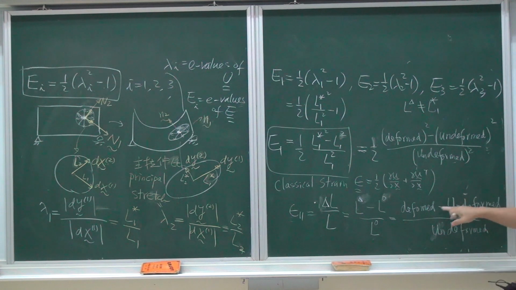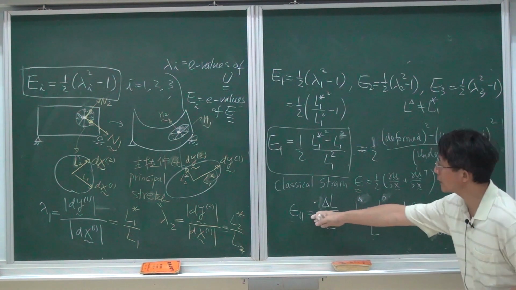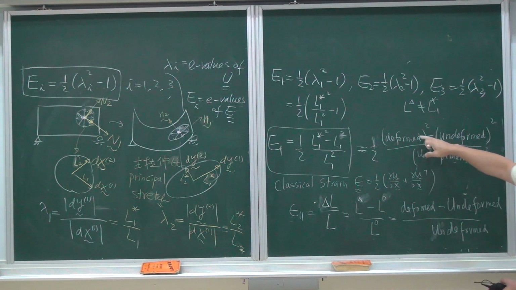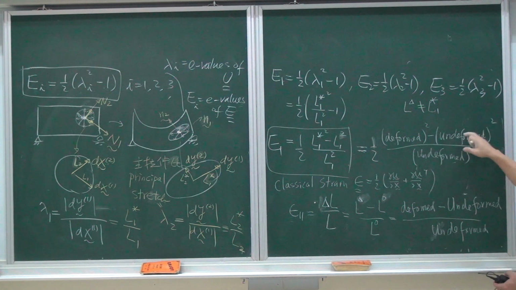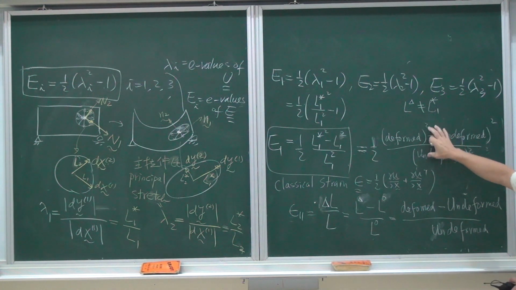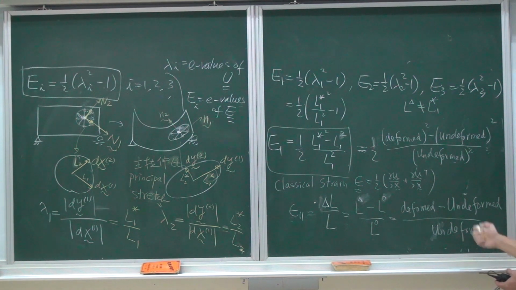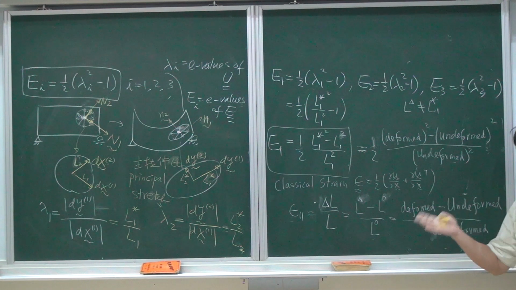Okay, see here, we take the difference between the deformed and undeformed length divided by the undeformed length to represent the classical strain. Here we use the difference between the square of the deformed length and the square of the undeformed length, divided by the square of the undeformed length. We take this as the nonlinear strain. So these concepts are consistent.